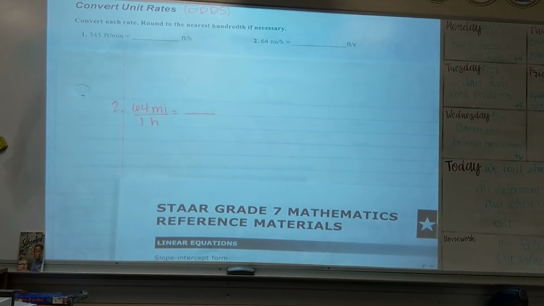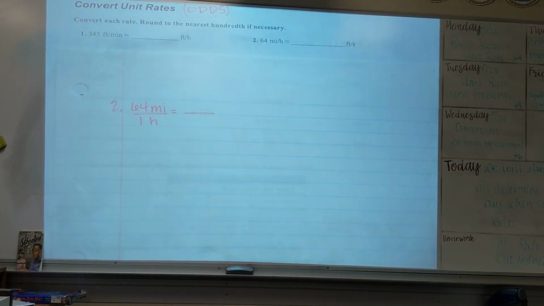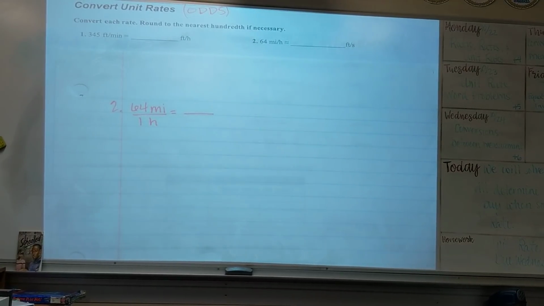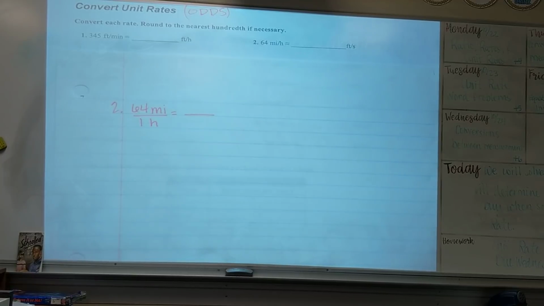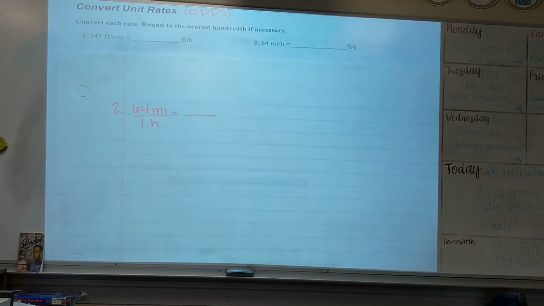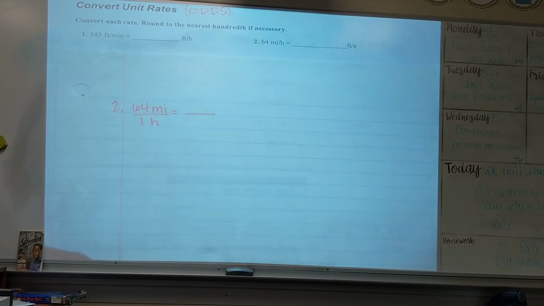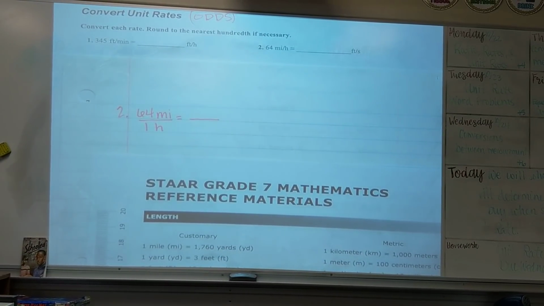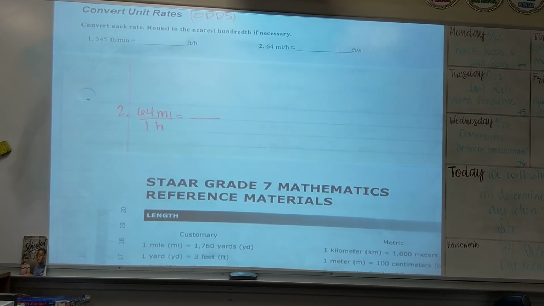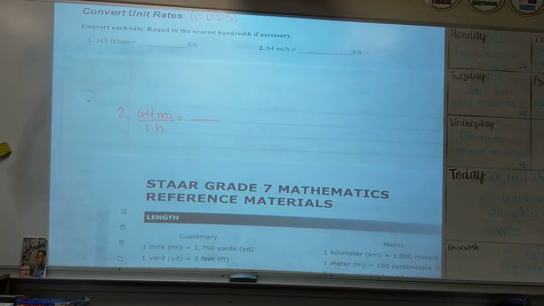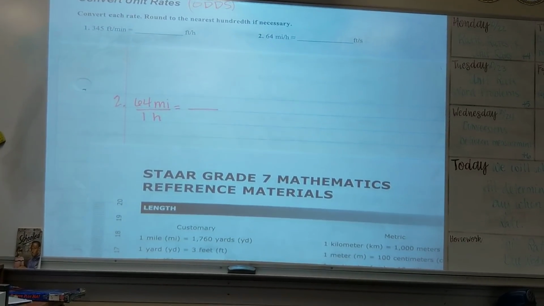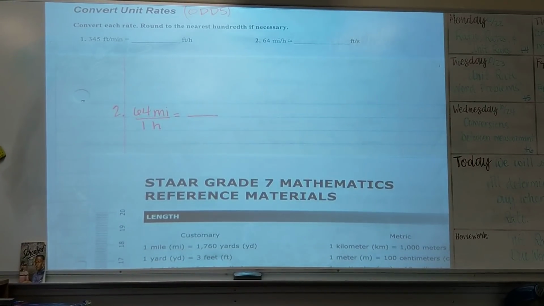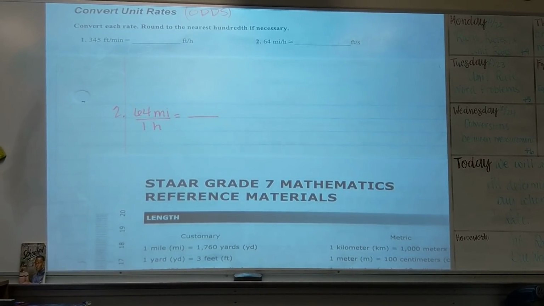Alright, let me see if I can figure that out. Miles. It doesn't have miles on your formula chart, does it? Okay. It has miles to yards. Oh, let's see. Miles right here. Yeah, where's it want it to yards. Oh, I thought she was going to convert to time. There was what, 5,280 feet in a mile, right?